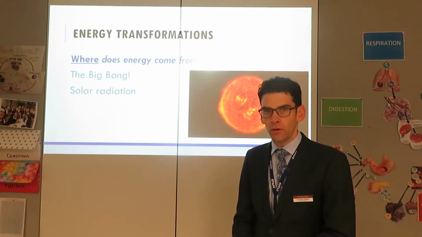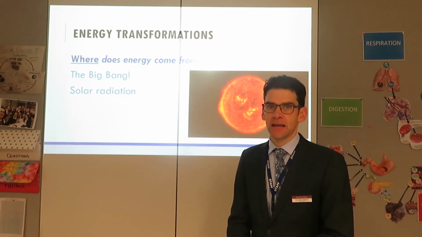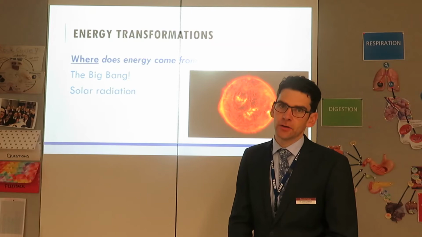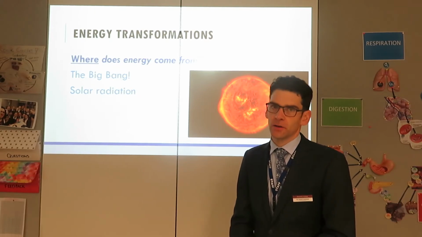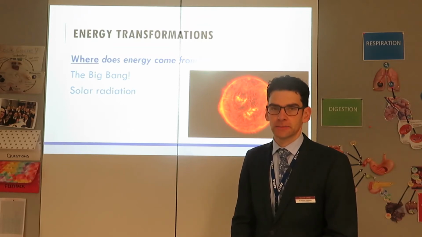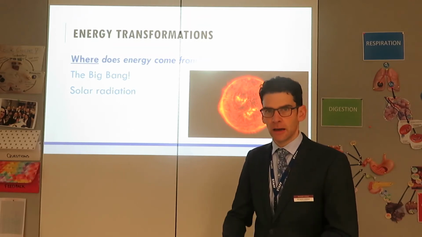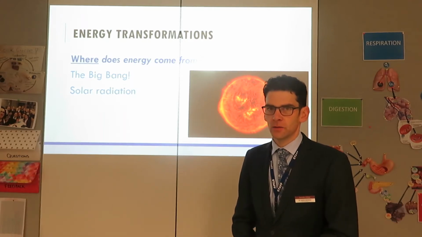Deep within its core, nuclear fission and fusion is happening, and it's radiating lots of heat and nuclear energy, and it's reaching Earth and all the other planets, depending on how far away they are, of course. That depends on how much energy from the sun they get. So that's a smaller scale, in terms of our solar system.